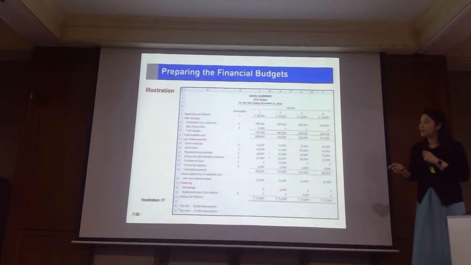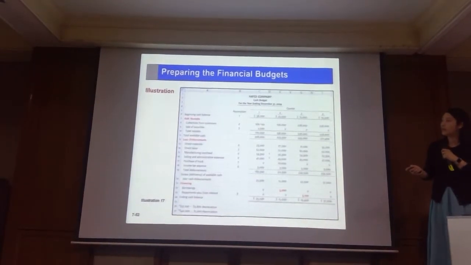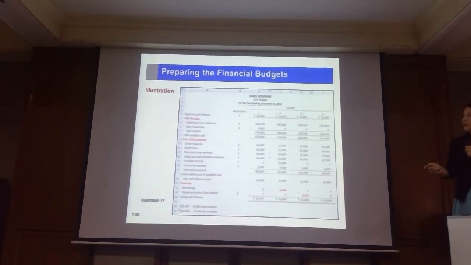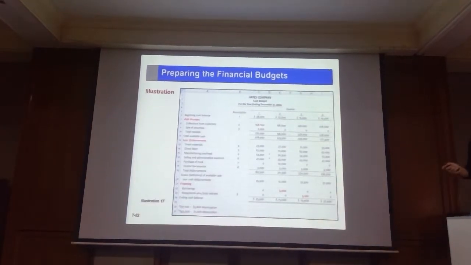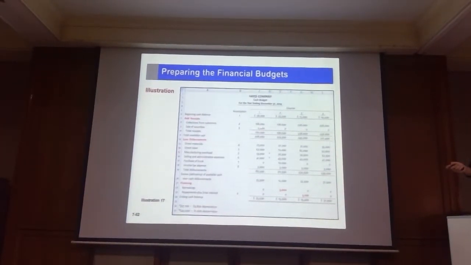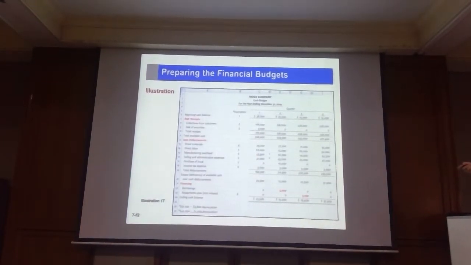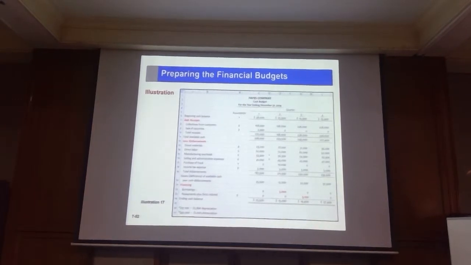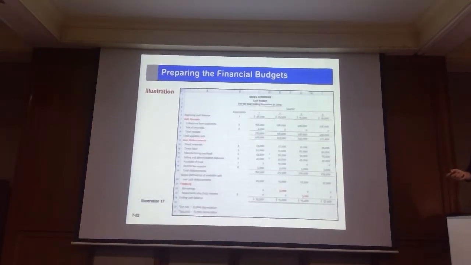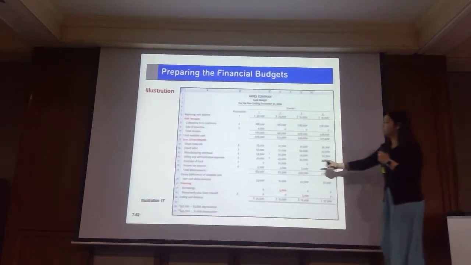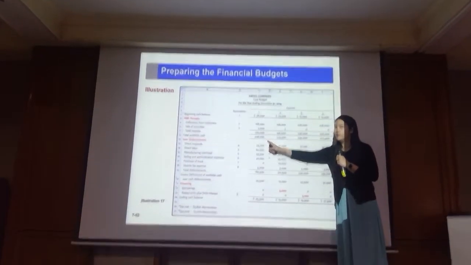In the first quarter, we collect the cash from customers, 168,000, and we also know that we're going to sell our investment. So in total, in the first quarter, we have the total cash equal to 208,000, okay? So this is the total cash that we have.